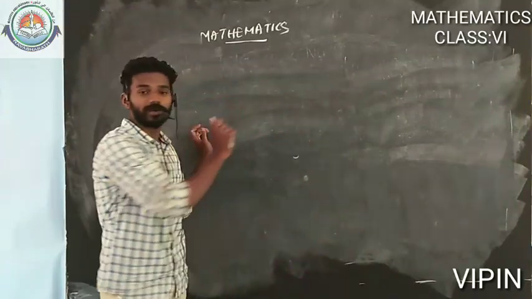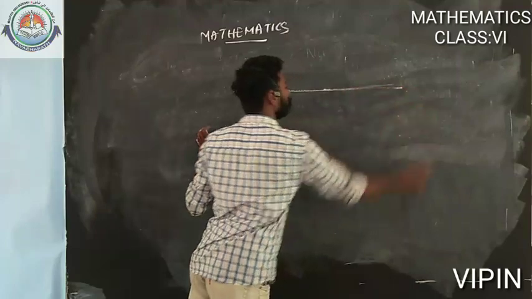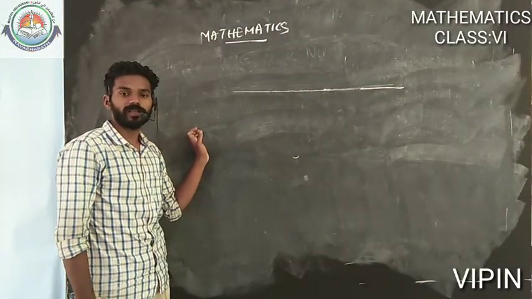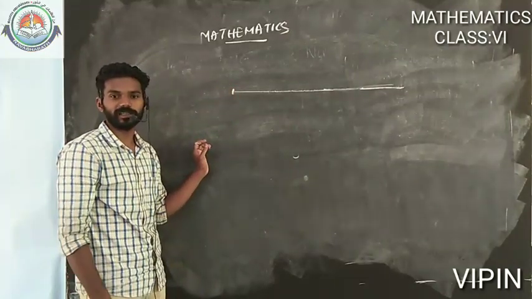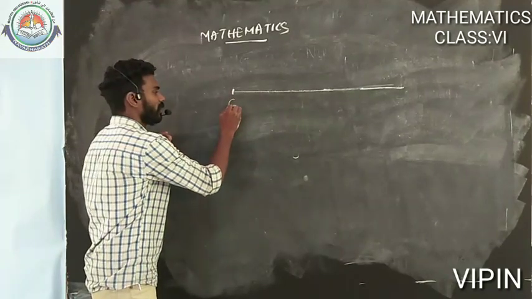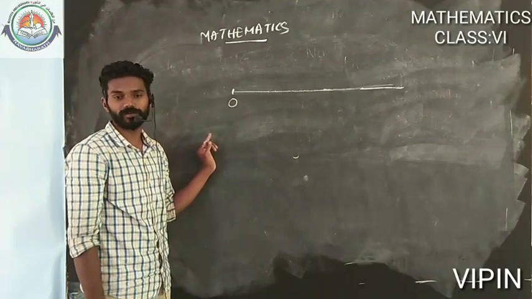To draw a number line, first of all, we have to draw a straight line. And at one end of this straight line, I am making this point as 0.